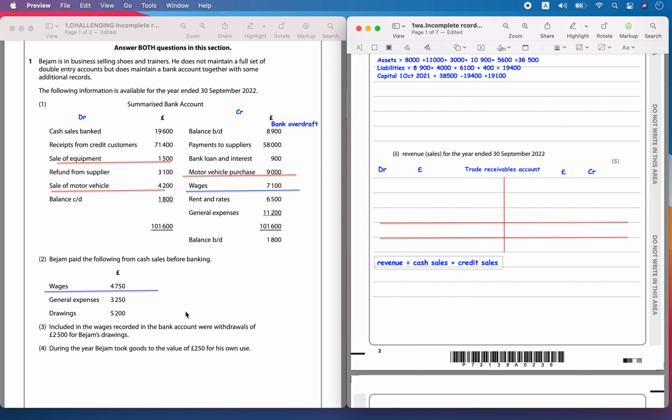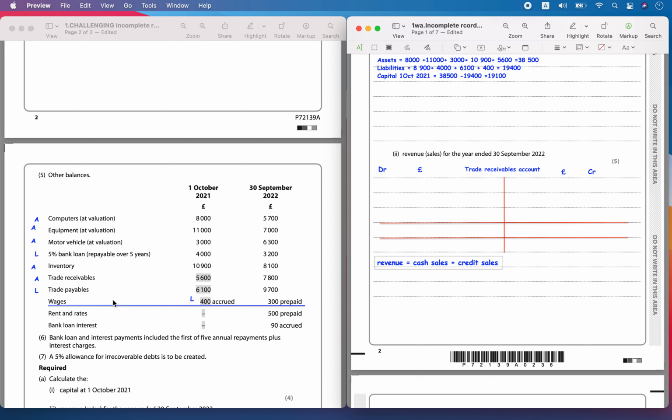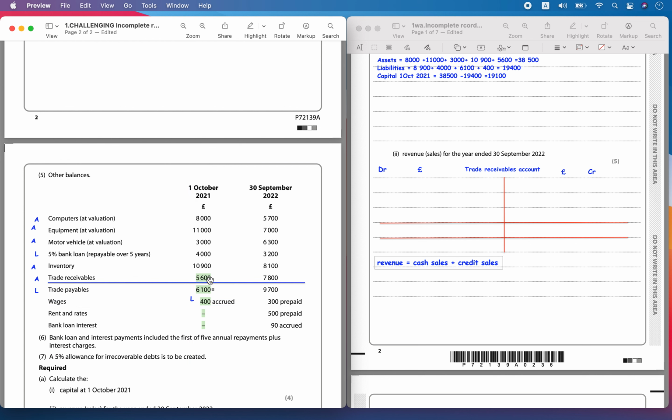So credit sales we are going to calculate using the trade receivables account. They have given the opening and the ending balances, right? So we will adjust and try to calculate the sales. On 1st October 2021, the balance brought down was 5600.